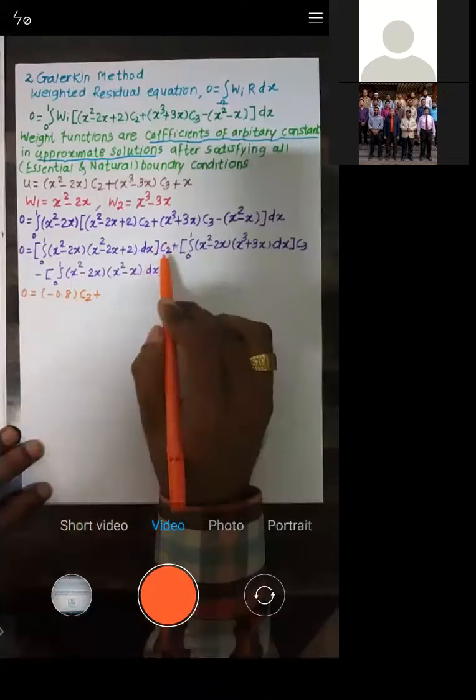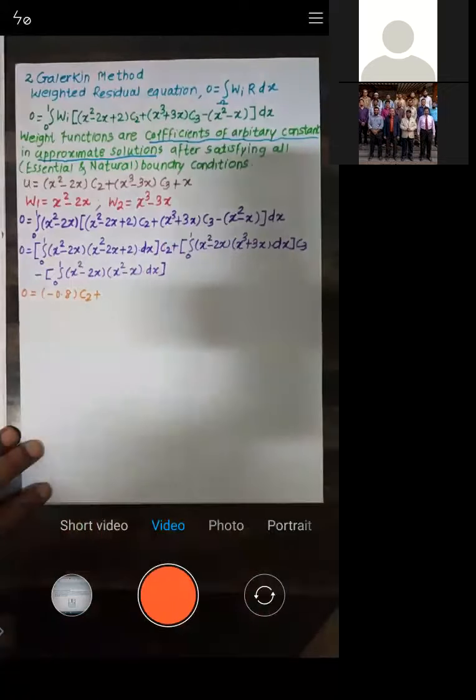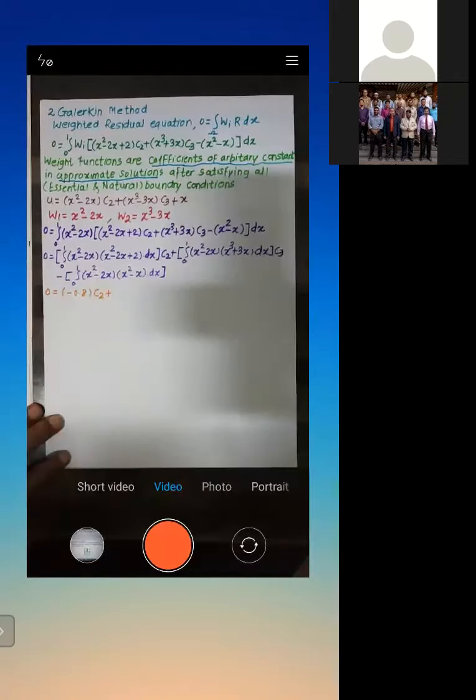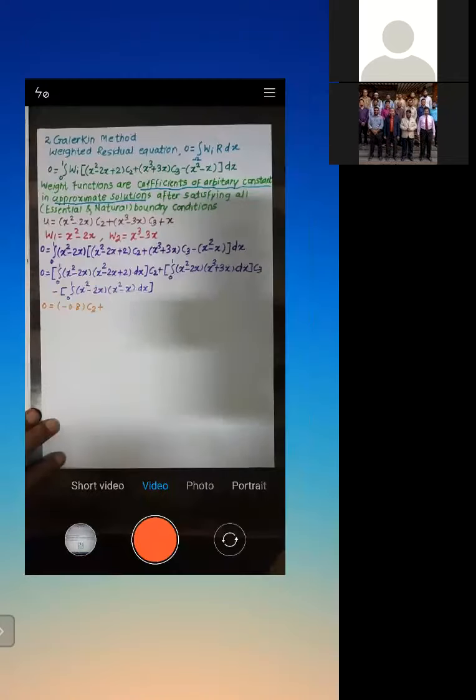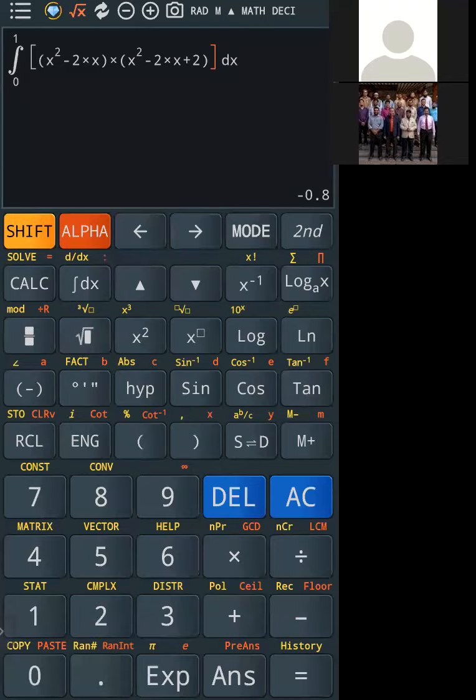Let's solve the second bracket. This is x square minus 2x, and the second term is x cube plus 3 into x.